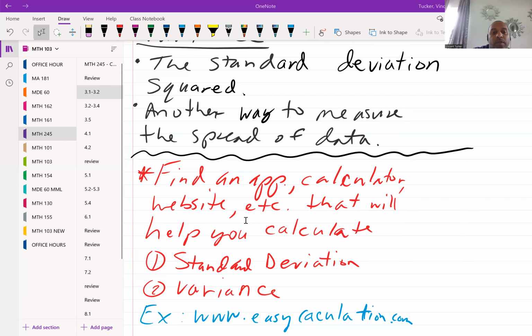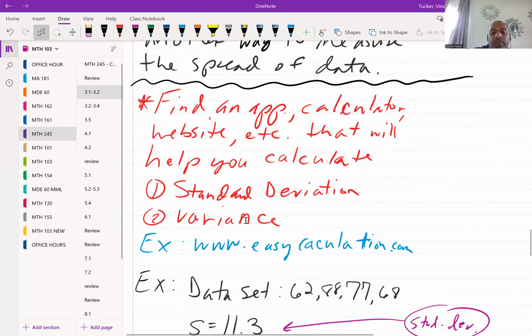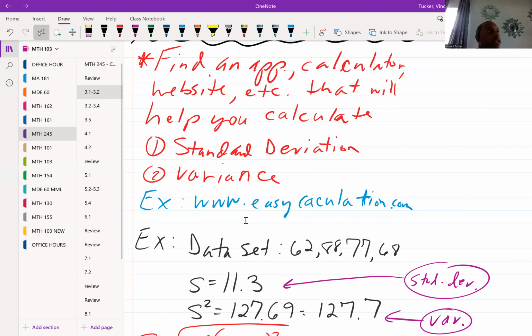All right, can we scroll up? You can write down that example right there, and then we'll go to easycalculation.com. So just the data set: 62, 88, 77, and 68.